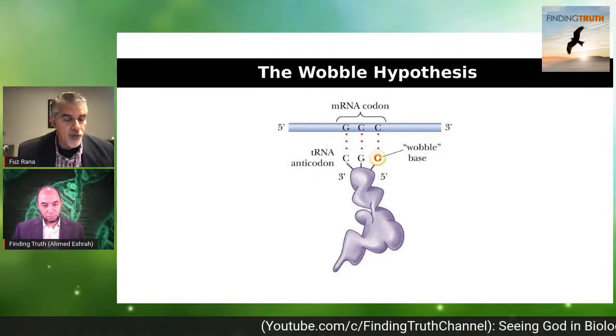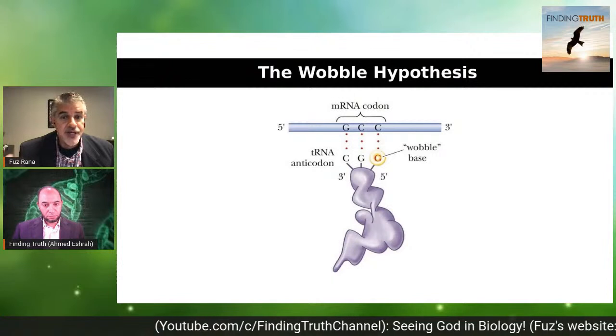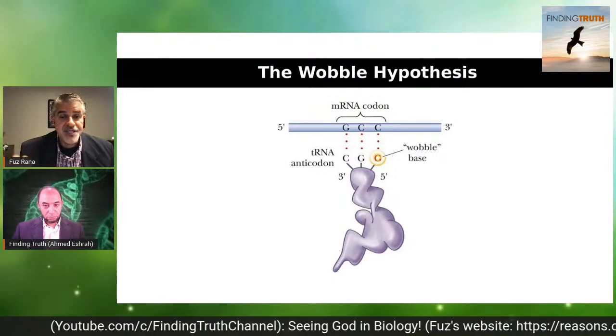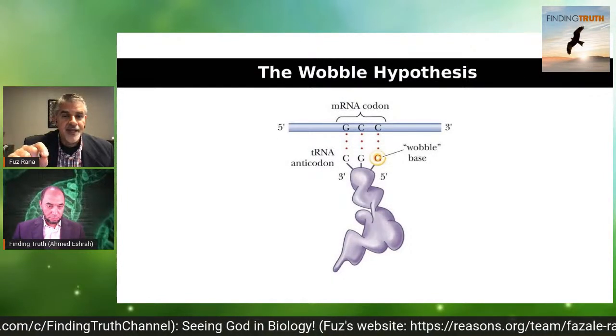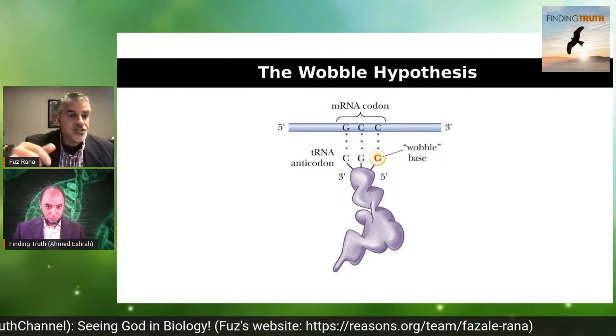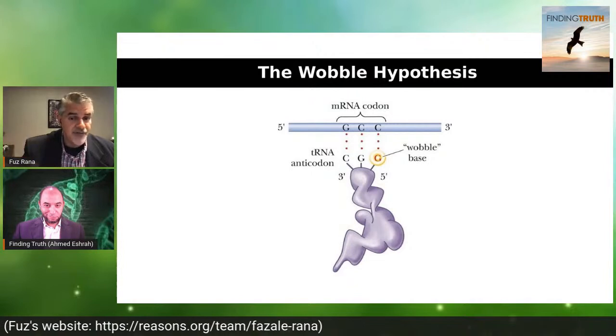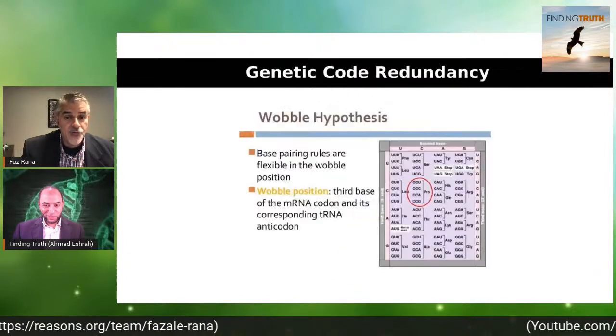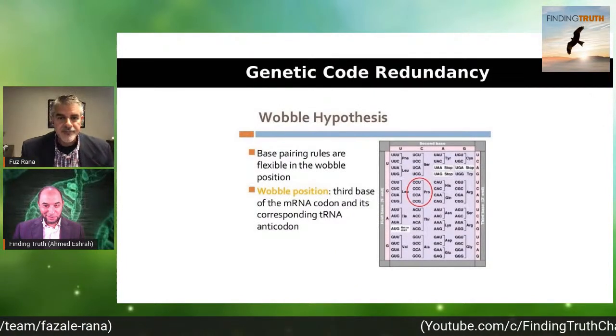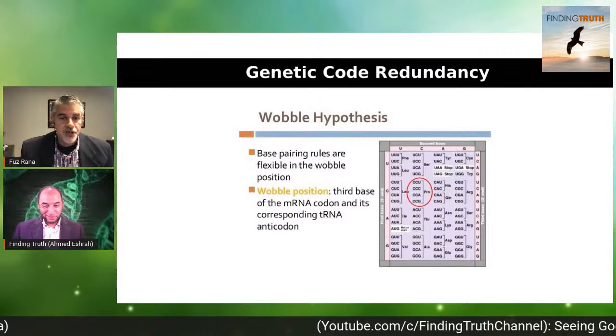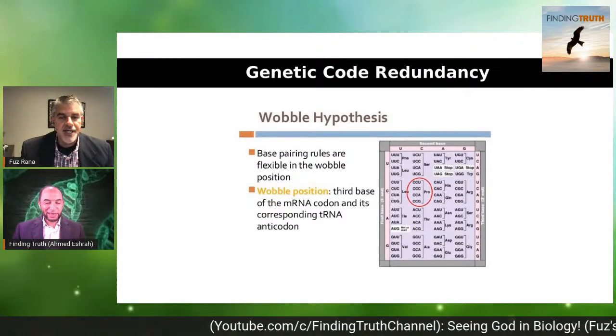This is called the wobble base. It no longer conforms to Watson-Crick base pairing rules. There's some flexibility, some slop, if you will, and that creates the redundancy. So the base pairing rules are flexible in the wobble position.